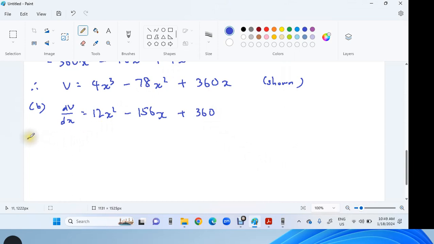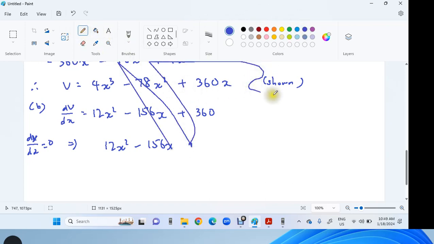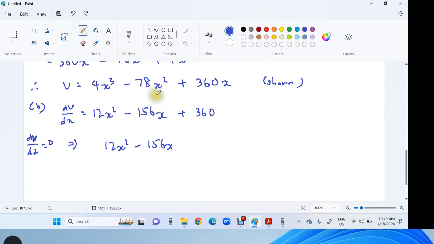So dv/dx equals 0 implies 12x squared minus 156x plus 360 equals 0.